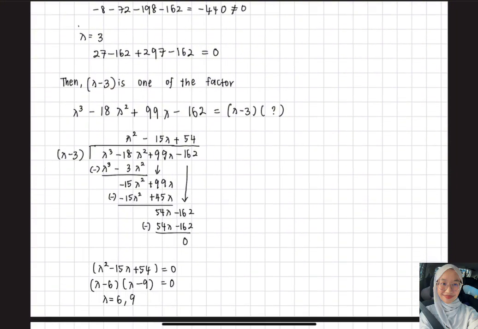When we get that lambda minus 3 is one of the factors, we have to find the other factors of this equation. So, we use long division to find them, and we get lambda minus 6 and lambda minus 9. So, we can see that lambda equals 6 and lambda equals 9.